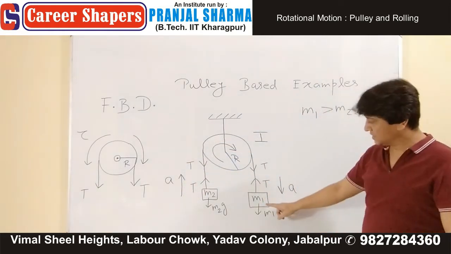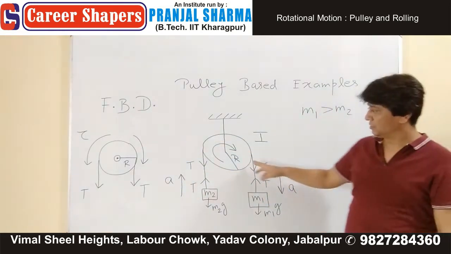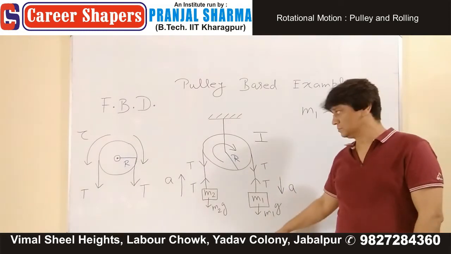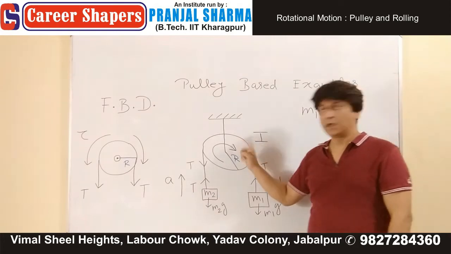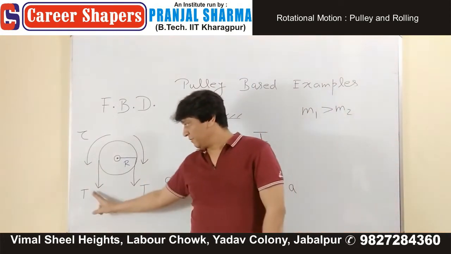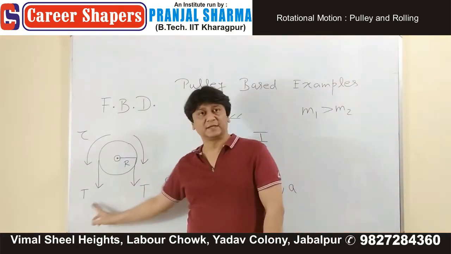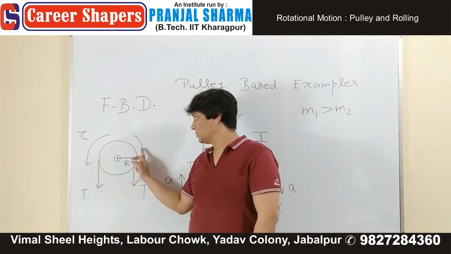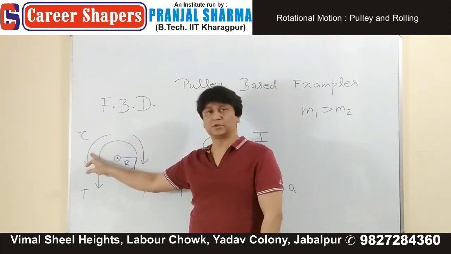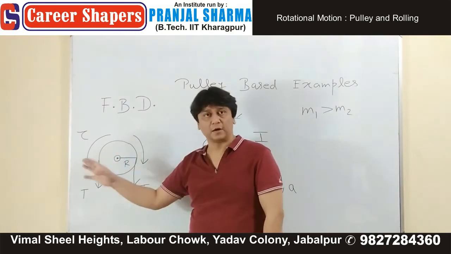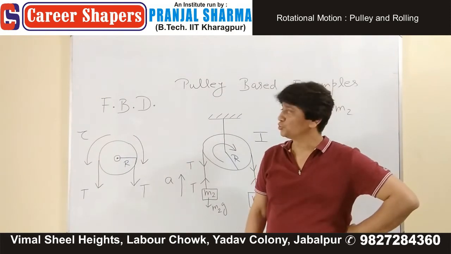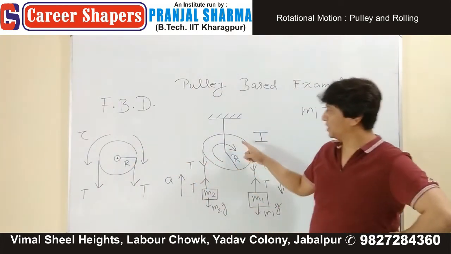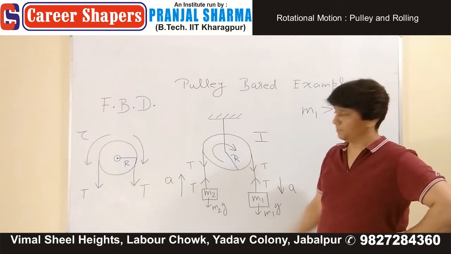But since M1 is greater than M2, this M1 is coming down and pulley therefore is going to rotate like this. If tension on both sides is same, then this torque is going to cancel this torque and pulley will not rotate. That's what happens in laws of motion when no friction is present between pulley and rope.